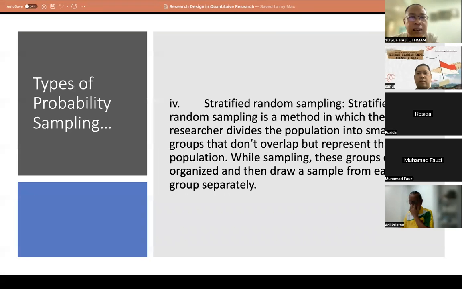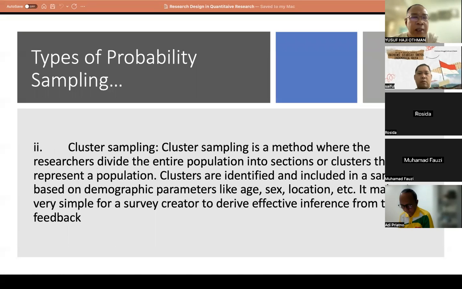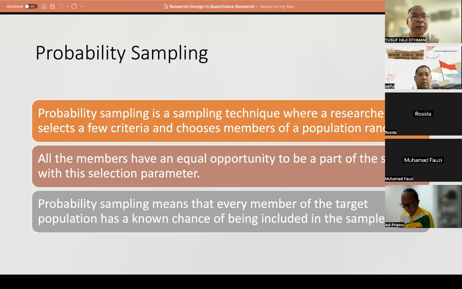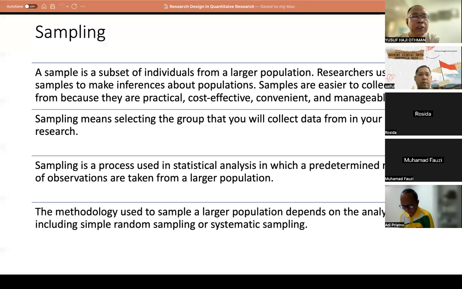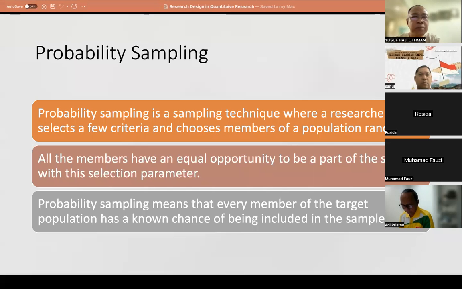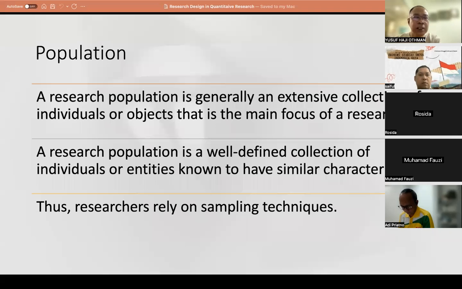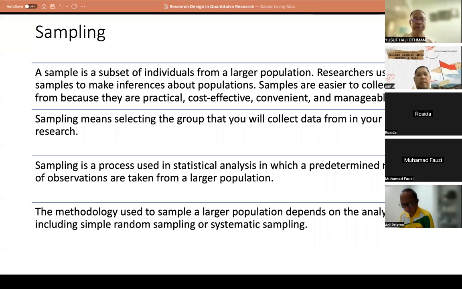And there is non-probability sampling: snowball sampling, quota sampling, and other types of non-probability sampling. So there are 2 types, probability and non-probability sampling. And inshallah, we will continue in the next class about sampling.